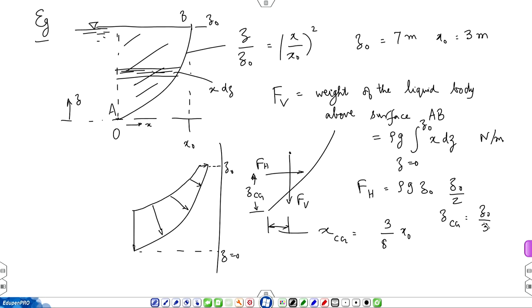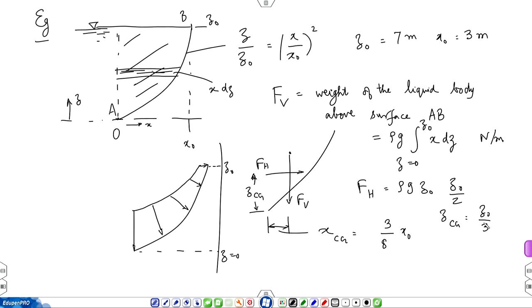So, this point of action is important because this is the external loading. Suppose you carry out, we have analyzed from the fluid side. Now, for let us say all round analysis, you also have to analyze from the viewpoint of the gate.